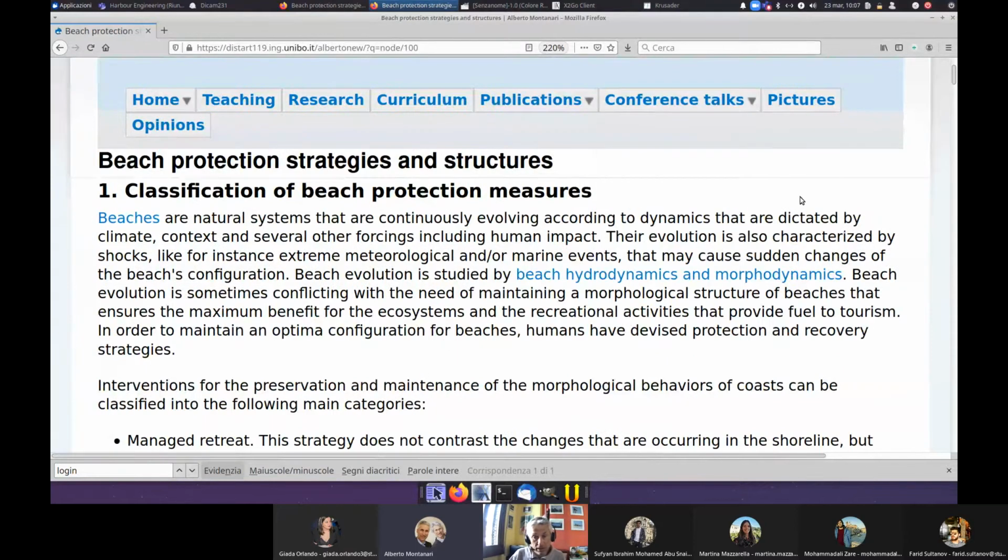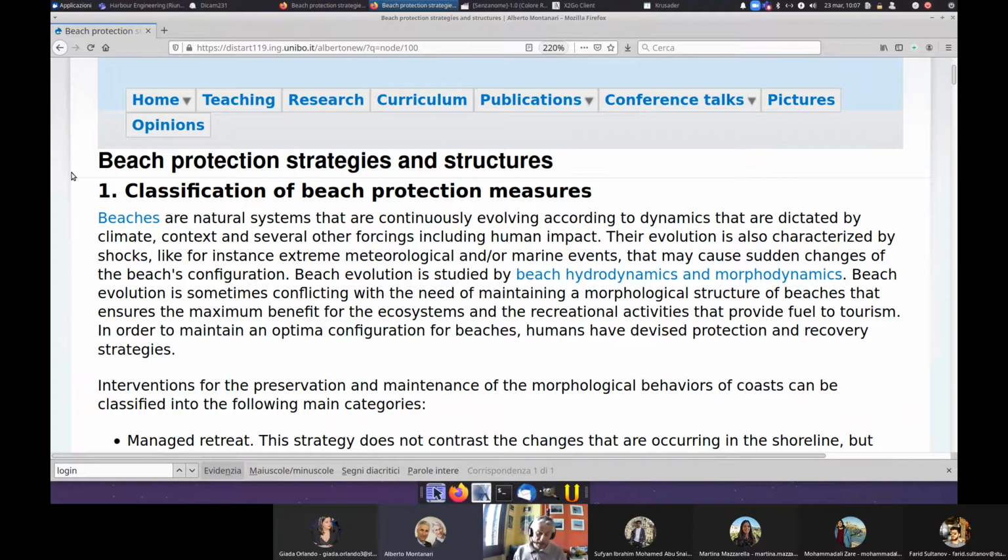So in order to study these structures, which, as I said, have many things in common, we refer to the structures for the protection of beaches, which is strictly related to harbor design, because very often when you build a harbor, you also have an impact of the harbor on the neighboring beaches.